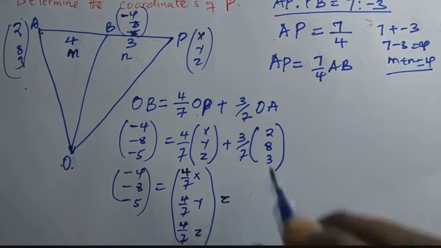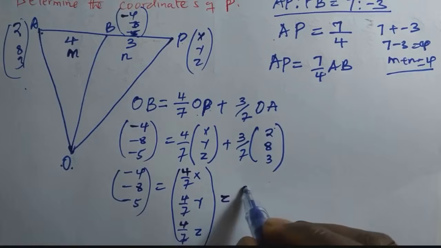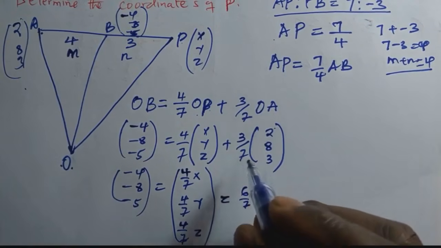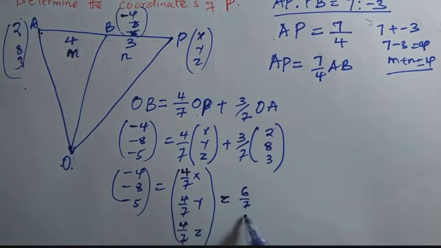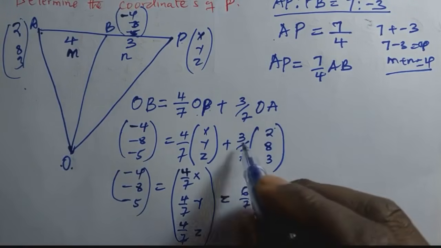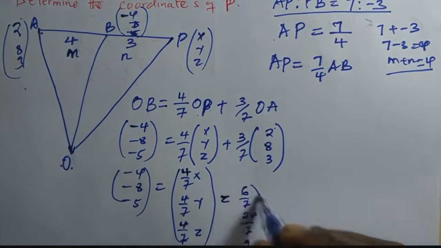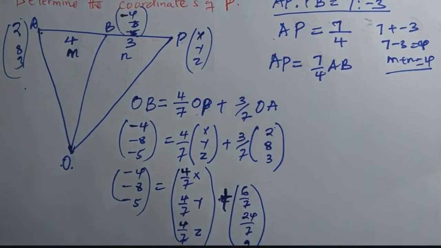which is equal to, let us multiply this times this, 3 times 2 will be 6 over 7, the first one will be 6 over 7, 3 over 7 times 8 will be 24 over 7, 24 over 7, 3 over 7 times 3 will be 9 over 7. Sorry, plus. It should be plus.